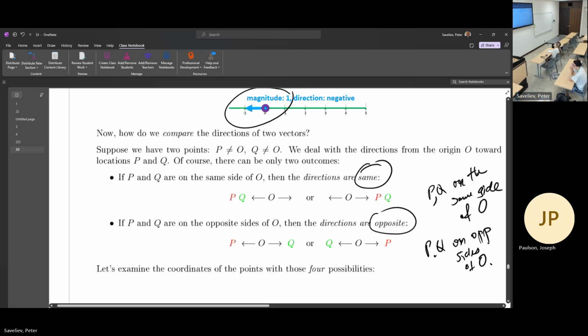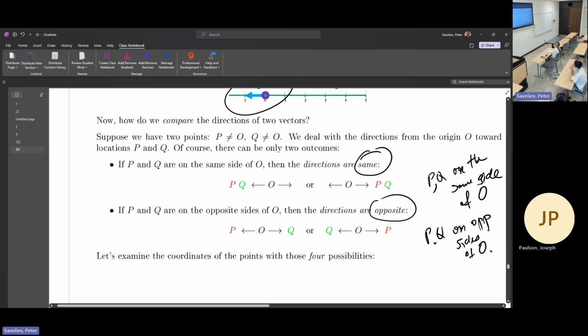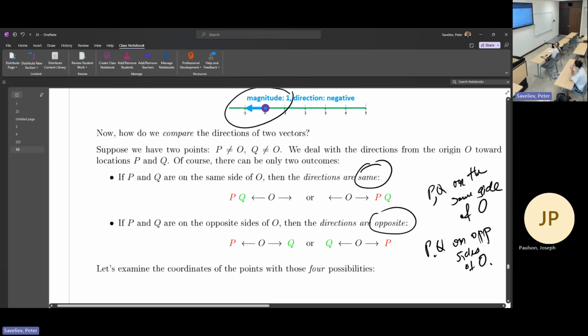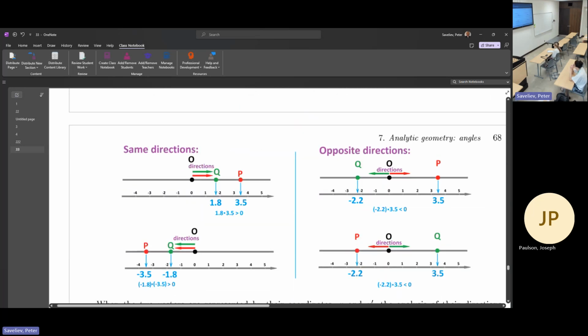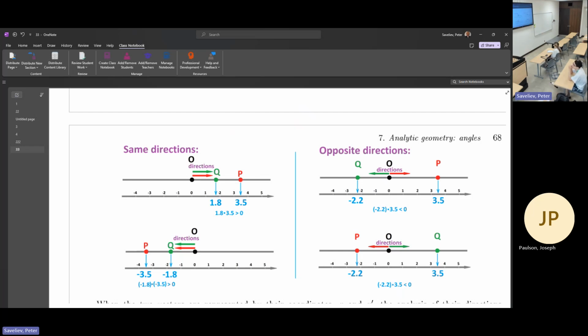Same side means that both of them are positive or both of them negative. Opposite sides means one is negative and one is positive. So that's an example of how we compute it: on the same side, on the opposite side.